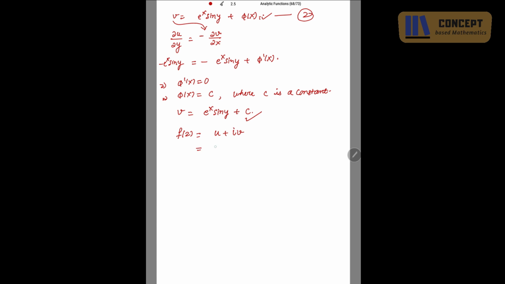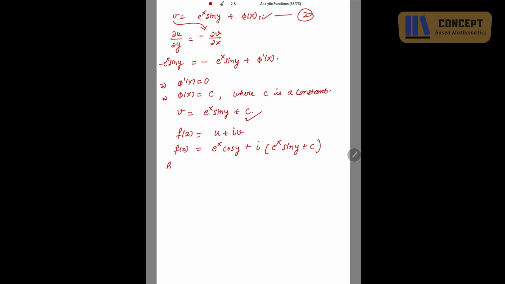U is given in the question. So what is u? This is e to the power x cos of y, plus iota v, which is e to the power x sine of y plus c.